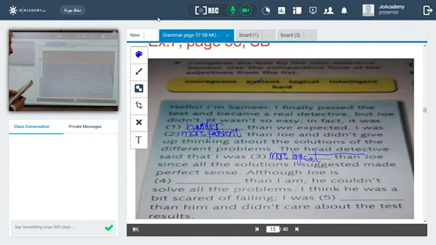Although Joe is blank than I am, he couldn't solve all the problems. What do we need to put in number 4? Although means على الرغم من.